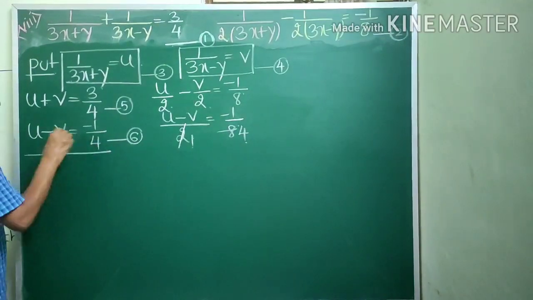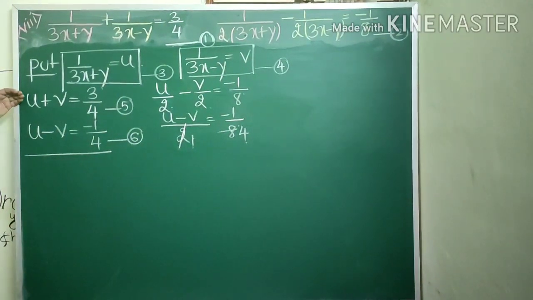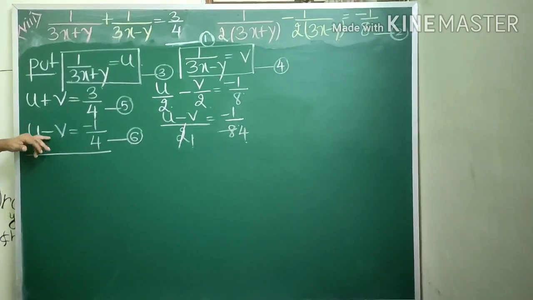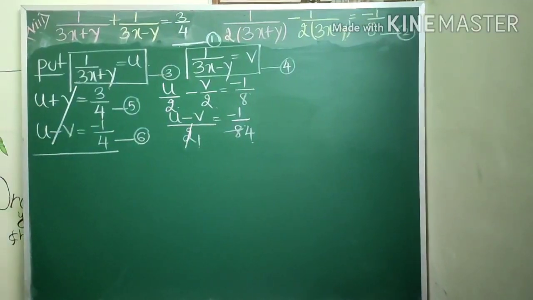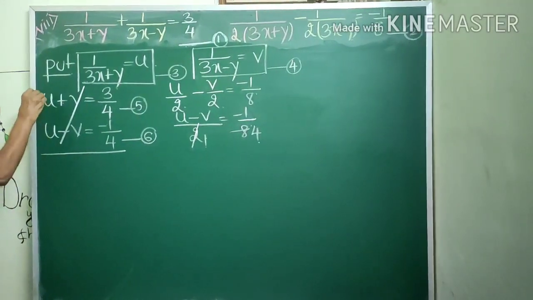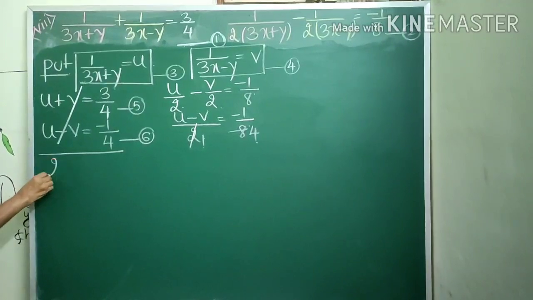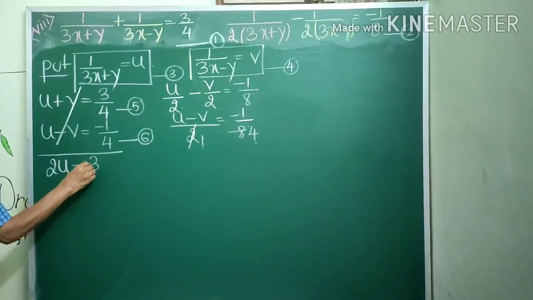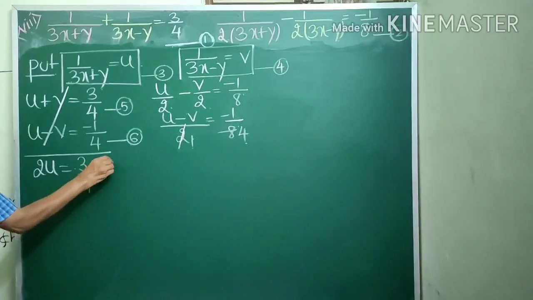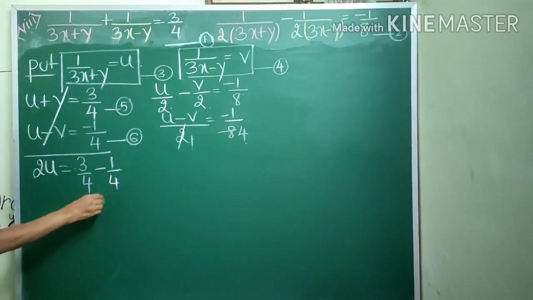Now I have got a pair of linear equations in two variables in terms of u and v. Since the signs are different, plus v and minus v, I can cancel the common terms. So common terms will get cancelled, and what I will get is 1u plus another u is 2u is equal to 3 by 4 minus 1 by 4.